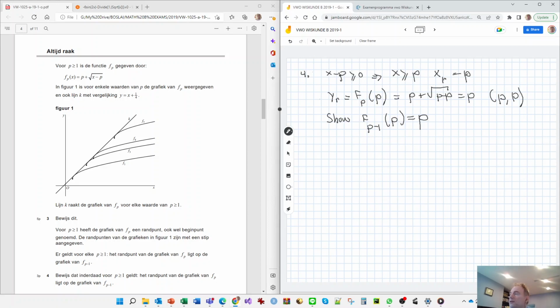And what is f(p minus 1) of x? It is p minus 1 plus the square root of x minus (p minus 1).